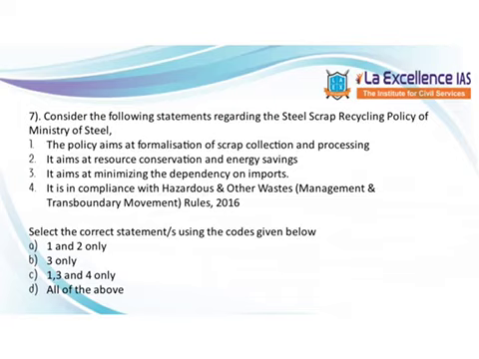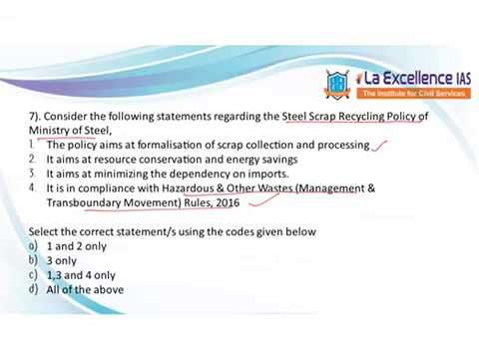Consider the following statements regarding the steel scrap recycling policy of the Ministry of Steel. This policy is made in compliance with the Hazardous and Other Waste (Management and Transboundary Movement) Rules 2016. So 4 is the right option. Then, this policy aims at formalization of scrap collection and processing.